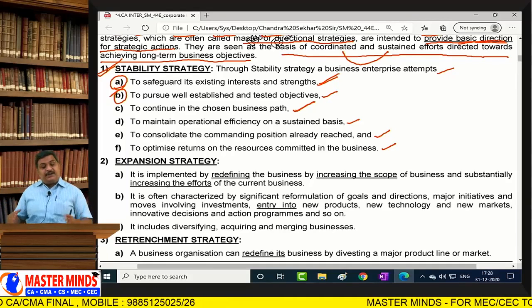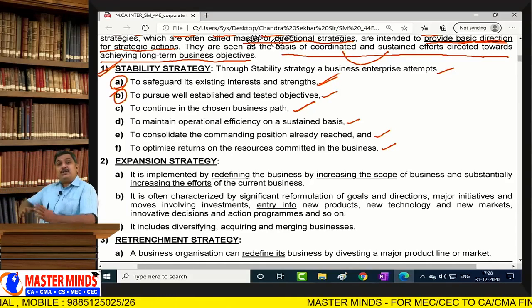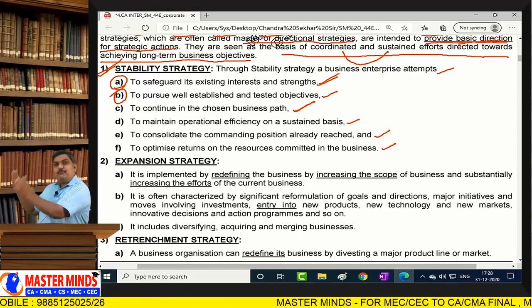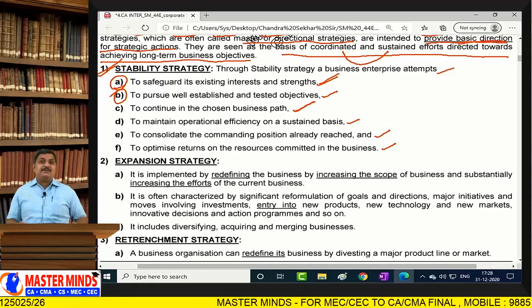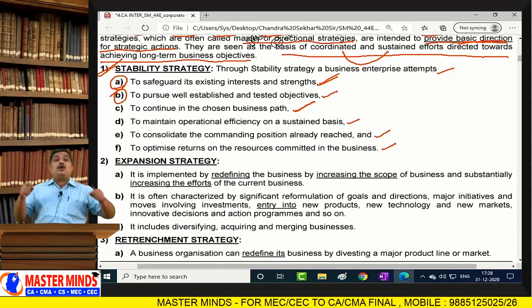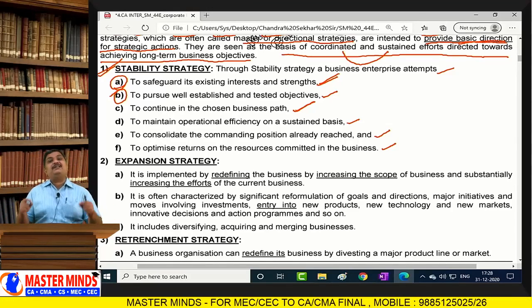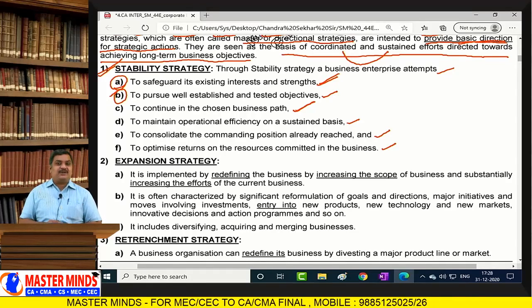That is called as to continue in the chosen business path. That means we will not enter into a new business with a new product, but we will continue in the same business with the same product, but we will make a lot of effort to increase the sales. Okay, so that is stability strategy.